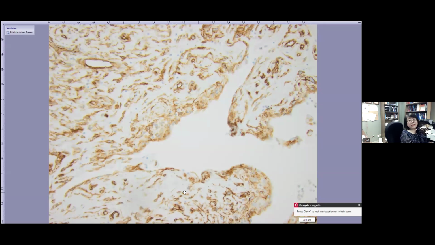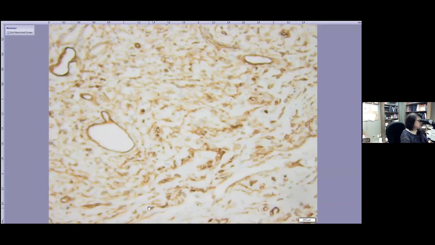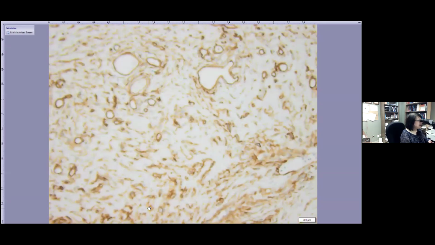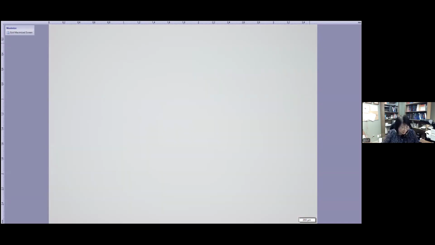Those lining cells are also positive, and those giant cells are also positive somewhere I can see. Yeah, it's called giant cell fibroblastoma.